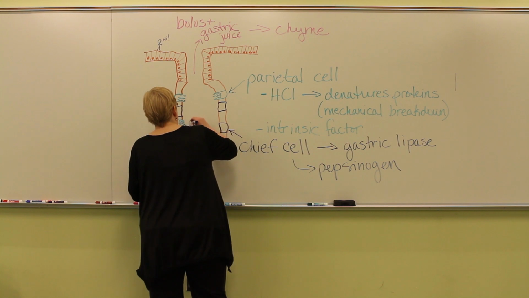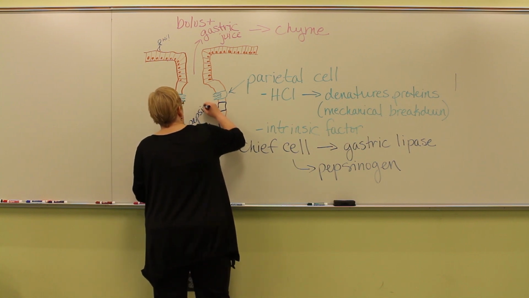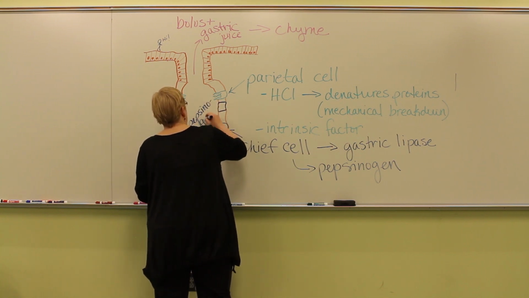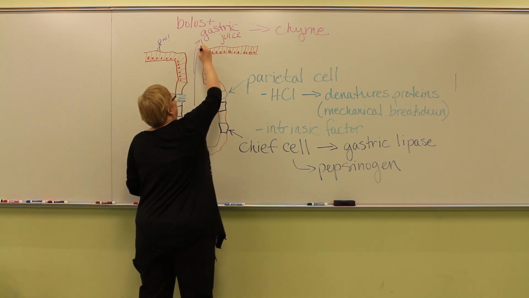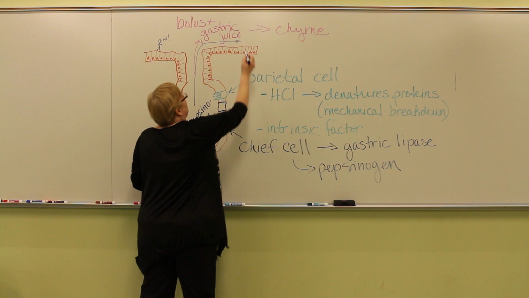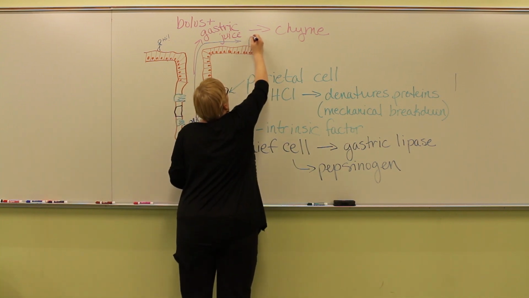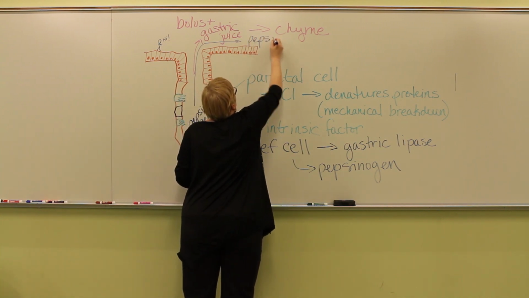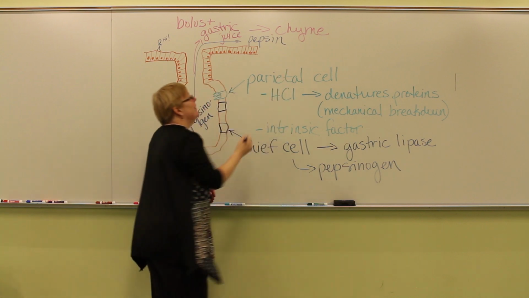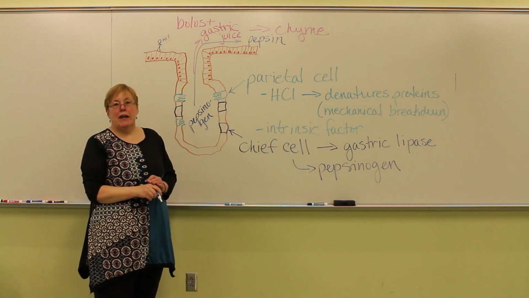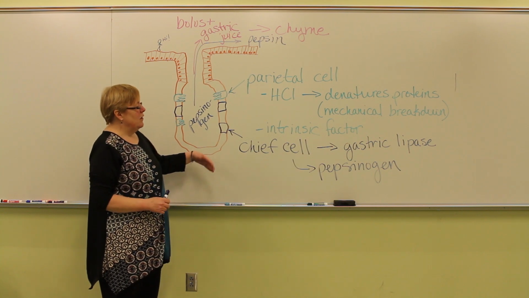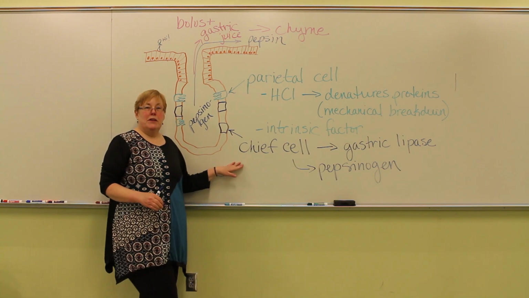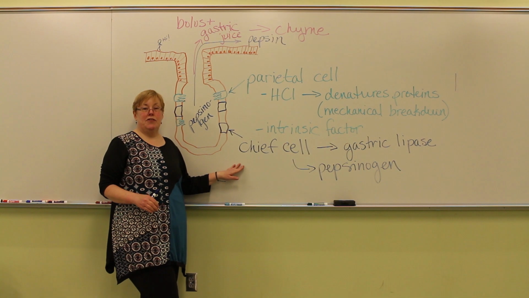So we'll put the pepsinogen here in the lumen of our gastric gland. That's going to go out into the lumen of the stomach, and it's going to get converted to pepsin in the lumen of the stomach. And so in the stomach, we will have the initiation of protein digestion.